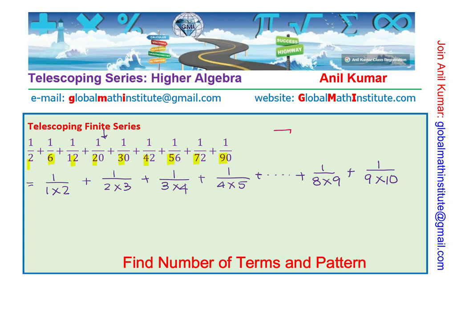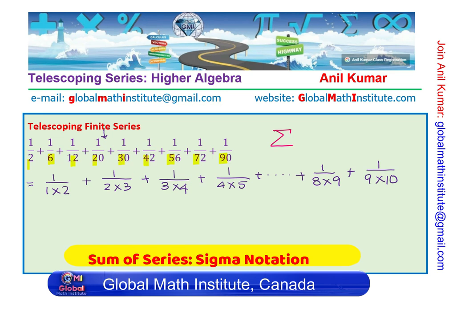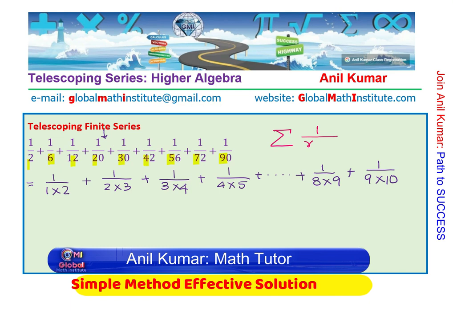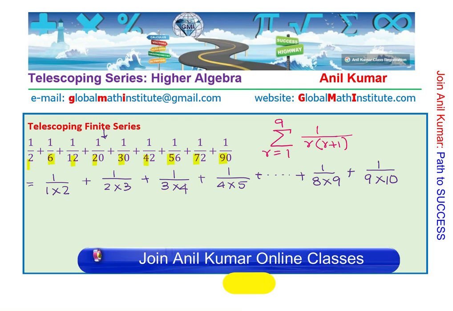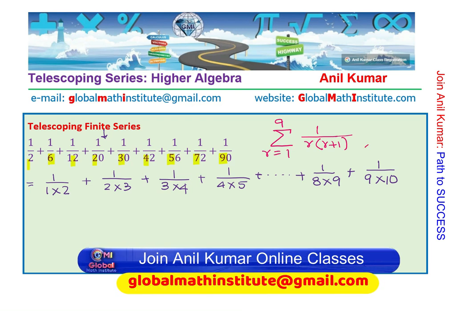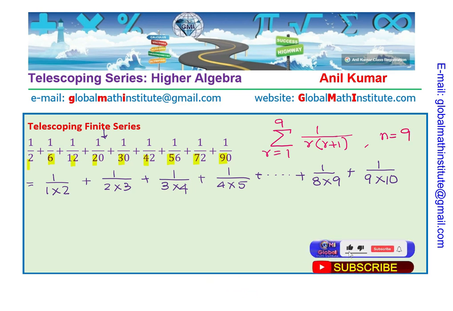The series could also be written with a sigma notation, where the general term is 1 over r times r plus 1, where r increases from 1 to 9. Many times you are actually given the series in sigma notation, so let's try to understand how we solve similar questions.